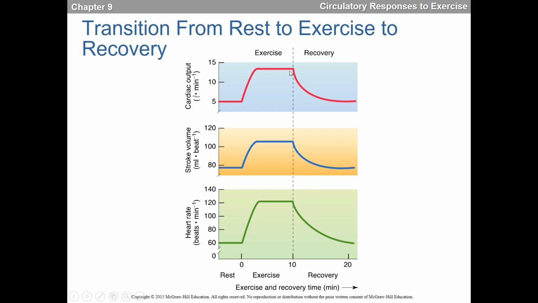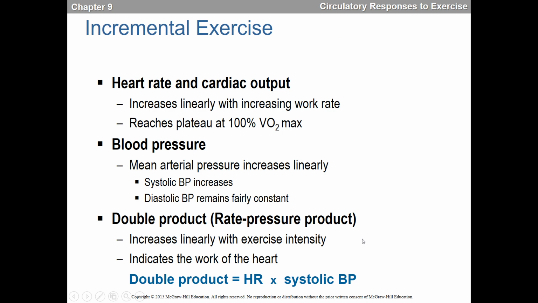So here are some relationships from rest to exercise. Cardiac output, heart rate, and stroke volume all go up, they plateau, and then they will come down somewhat slowly. A more fit individual will come back down to rest sooner. Now with incremental exercise, it is essentially going to just continue to go up with increasing exercise intensities.